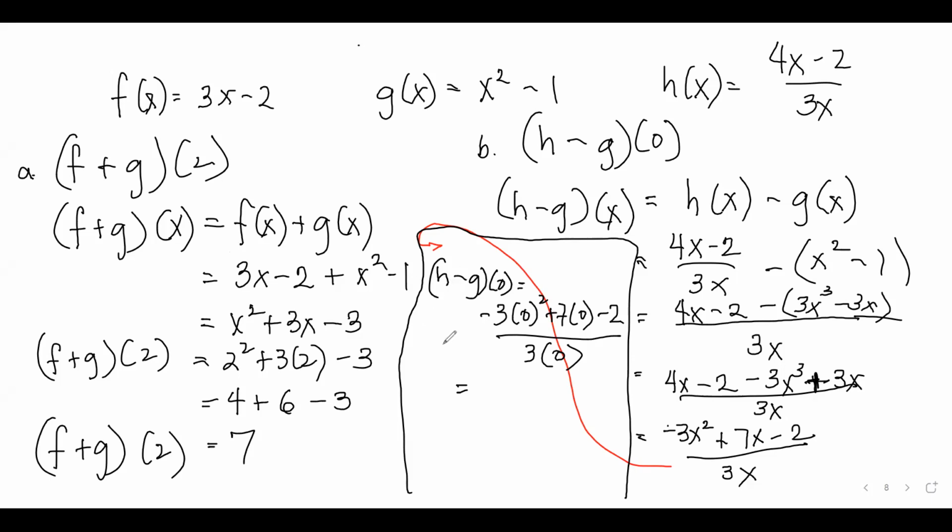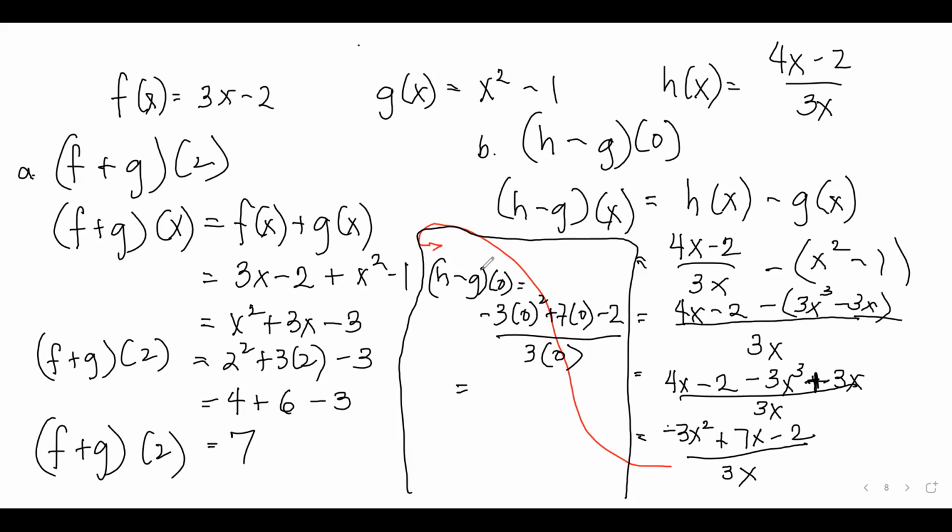O, ayan. Meron tayong negative 3 times 0 squared plus 7 times 0 minus 2 over 3 times 0. As you have said, any number multiplied by 0 is 0. Ngayon, class, tignan natin yung denominator. 3 times 0 is 0.